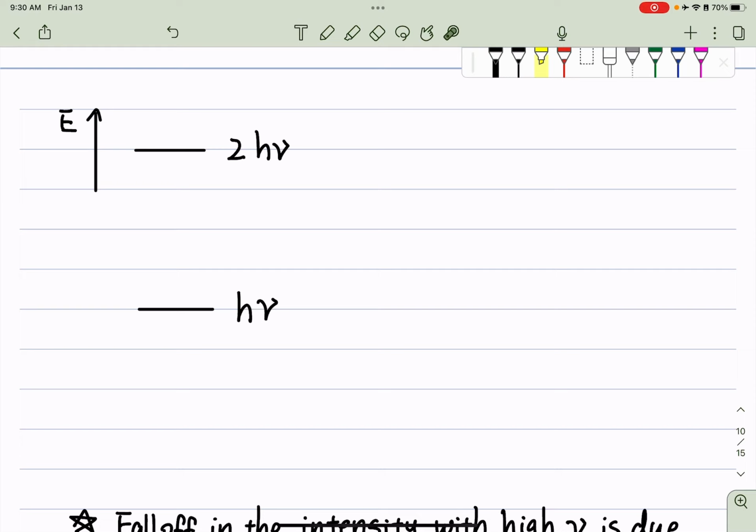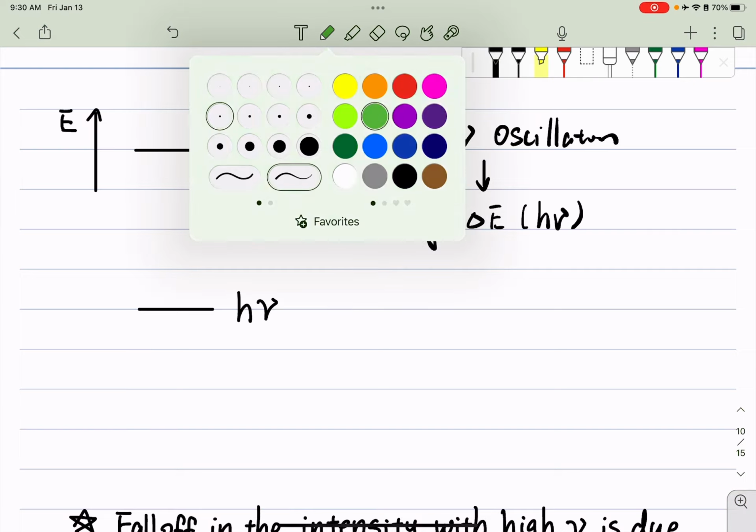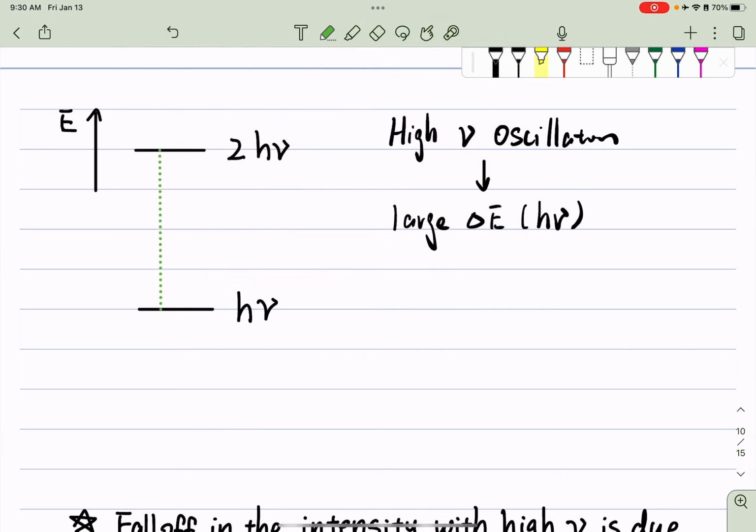When you have a higher frequency oscillator, so when we're at the ultraviolet region, we're expecting this delta E of the smallest packet, or h mu, to get larger. So we're talking about how likely it is to be activated from h mu to 2h mu at kBT.